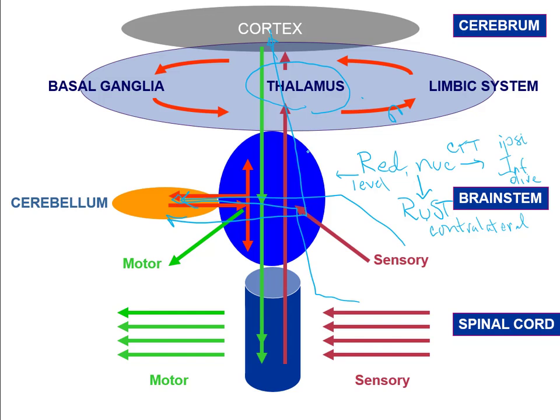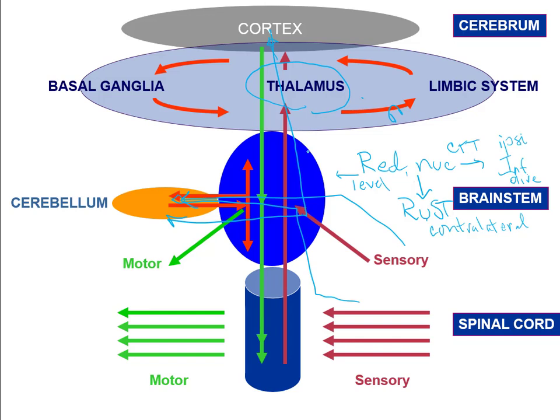Where are the other drives for moving your eyes? Stimuli in space, right? So your visual stimuli, something that catches your eye in the corner of your field that you move to look at. How do you move to look at that? Retina, retinotectal projection. What's the missing word? Tectal.